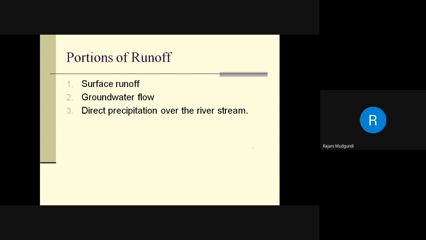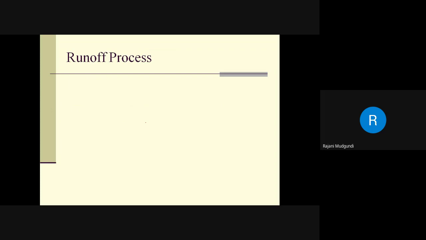So that runoff will be groundwater flow. And the third part of the runoff is direct precipitation over the river or stream. Out of this, the direct precipitation portion is generally negligible, or the content is very small. Therefore, it can be neglected.